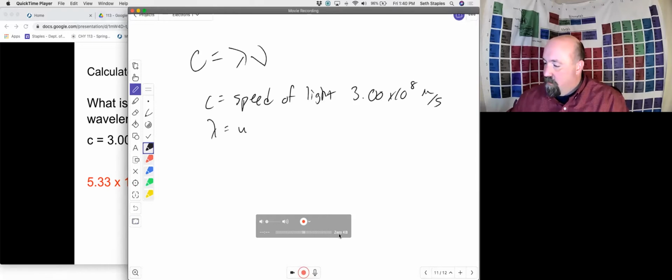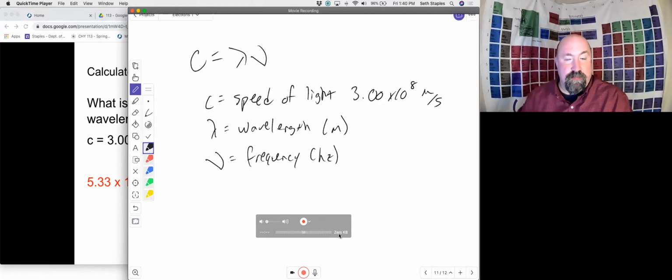Lambda equals the wavelength of our waves, and it must be in meters for these equations. And this Greek symbol nu stands for our frequency, which must be in hertz or cycles per second.